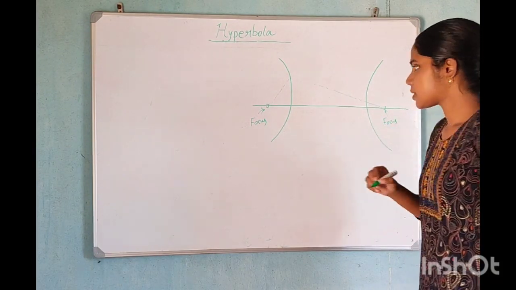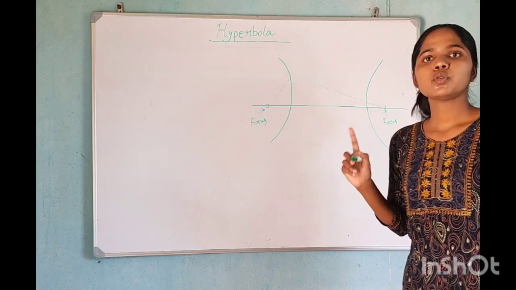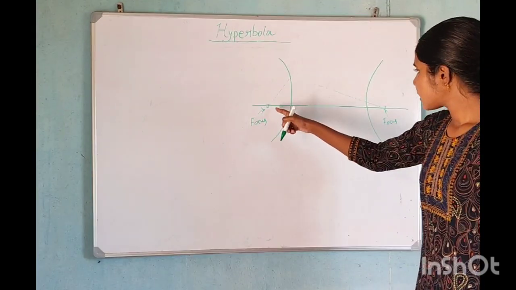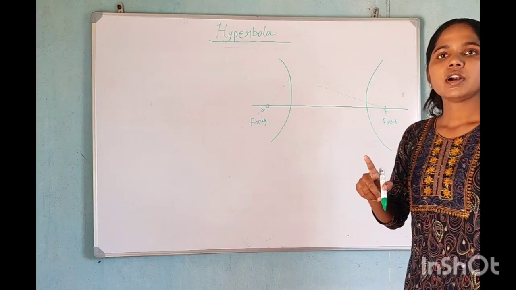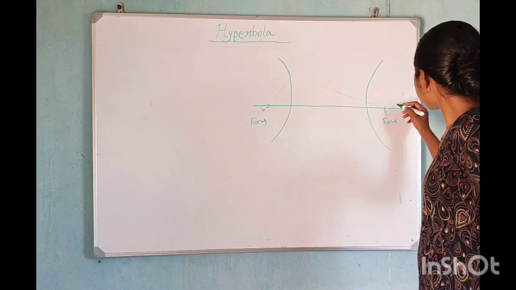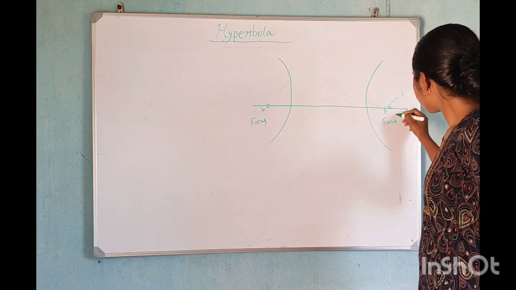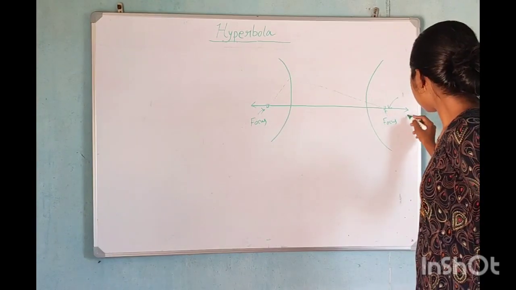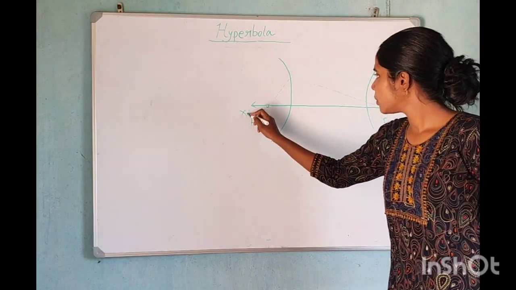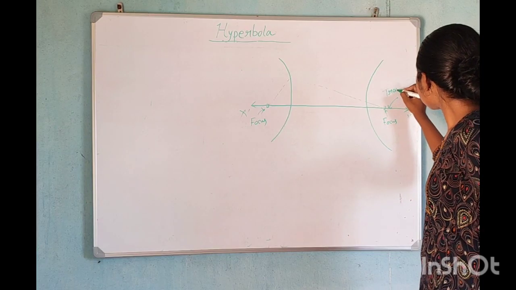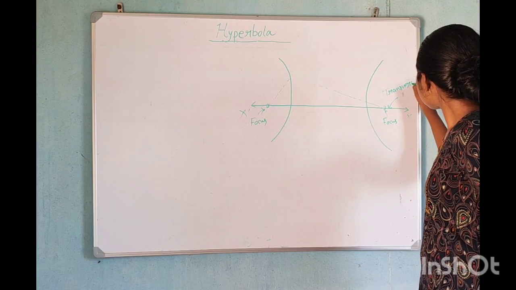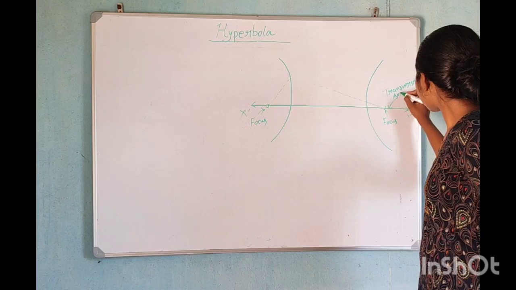And like ellipse, here also there are two axes. The axis which is passing through the foci is called the transverse axis. This axis is called the transverse axis, and here it is parallel to the x-axis.